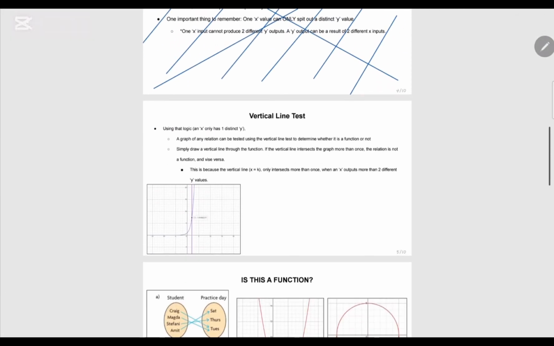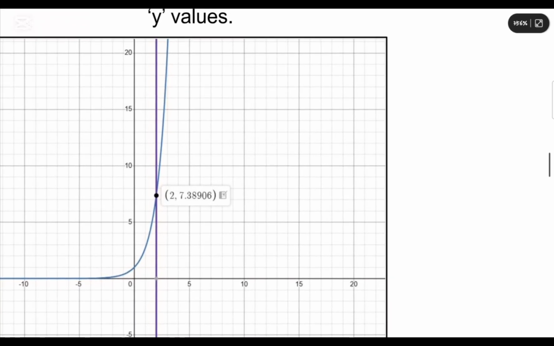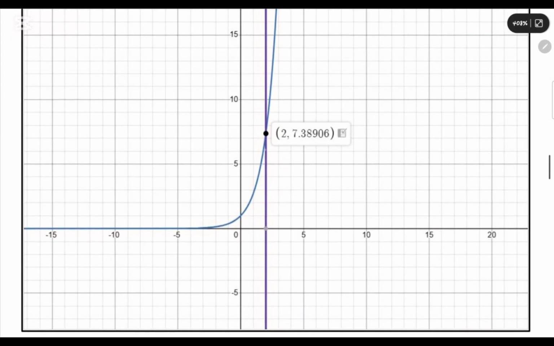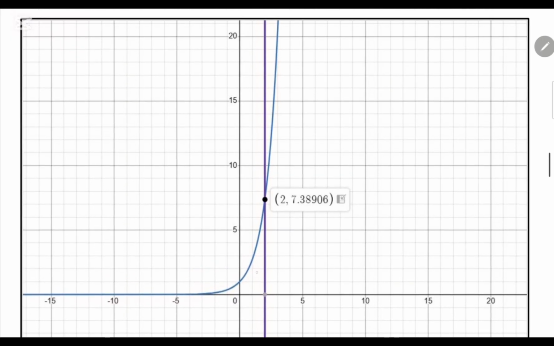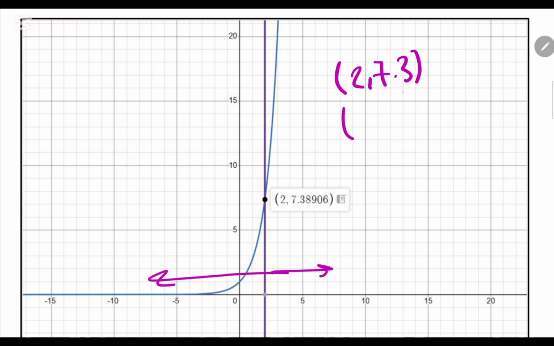Same thing here. If looking at this function here, as you go this way or this way, you don't see any x value repeating. You have 2, 7.3, and then you have another point, let's say that's like negative 5, 0.1, right?